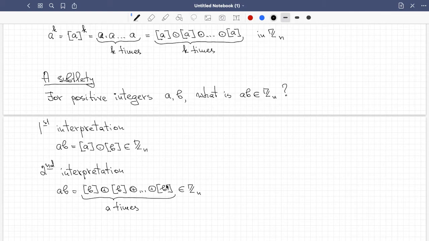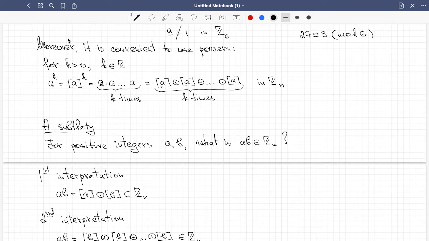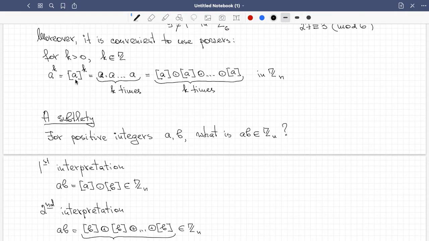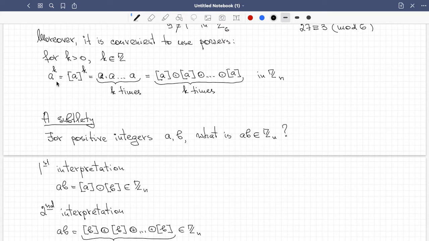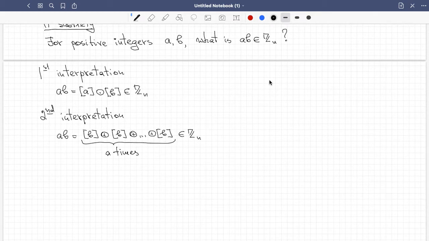Similarly to what we took here, A to the K, A was multiplied by itself repeatedly K times. So here K is an integer. A is assumed to be an element of Z mod n. Fortunately, there is no ambiguity.